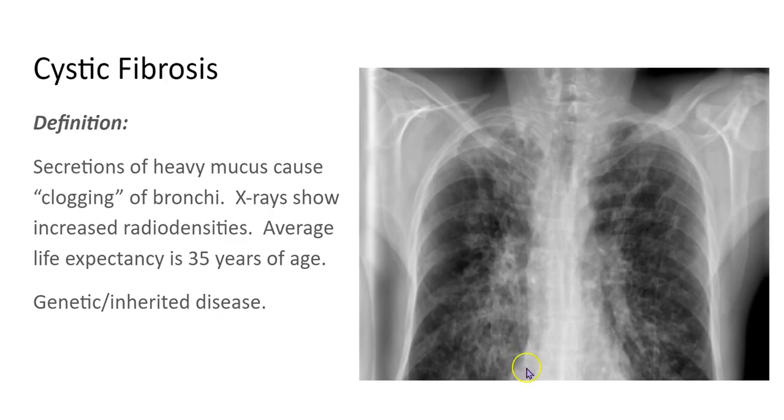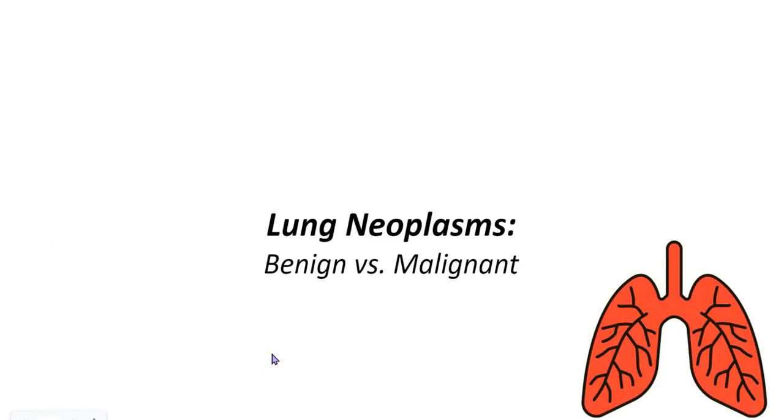Okay, next, let's look at lung neoplasms. We are going to talk about a malignant lung neoplasm in this discussion, but I want you to remember that neoplasm simply means new growth, and it could be benign or malignant. So whenever you see the term neoplasm, please do not always assume it is malignant, okay?